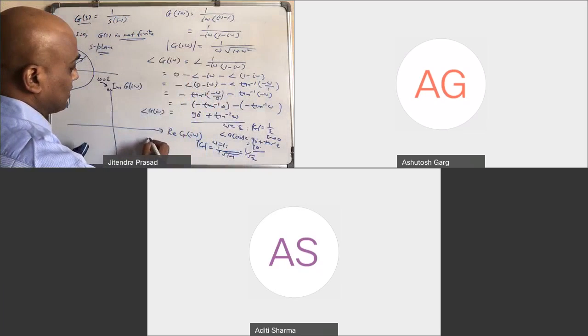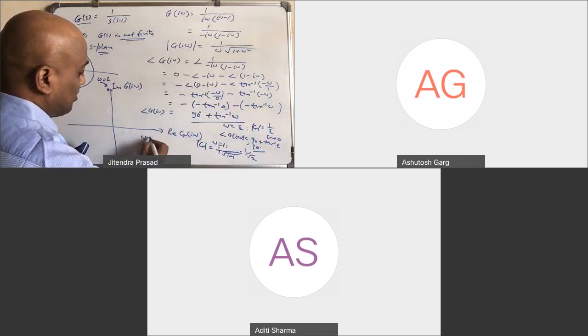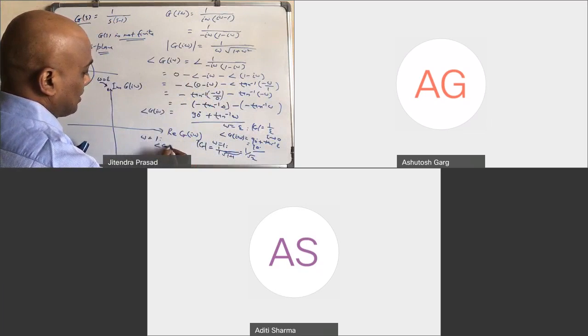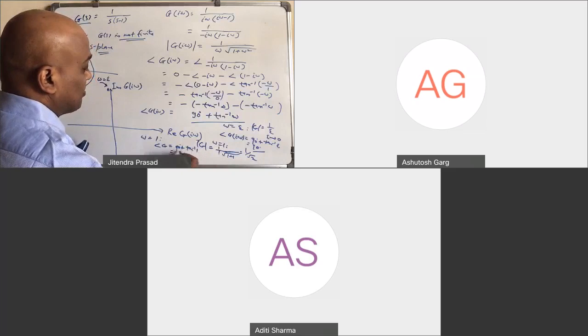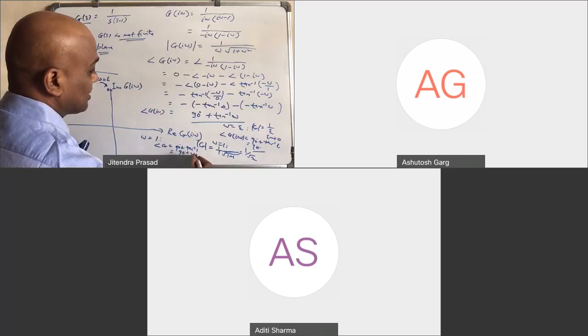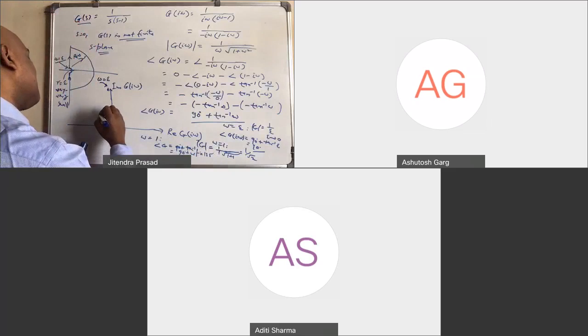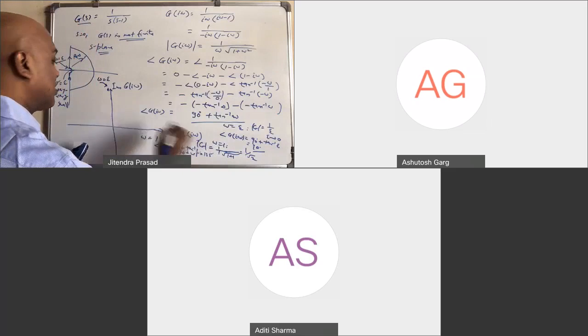At omega equal to 1, angle will be equal to 90 degree plus tan inverse 1, this is 45 degrees, so 90 plus 45, so 135 degree. So it tells us at 135 degree, the value is 1 over root 2.